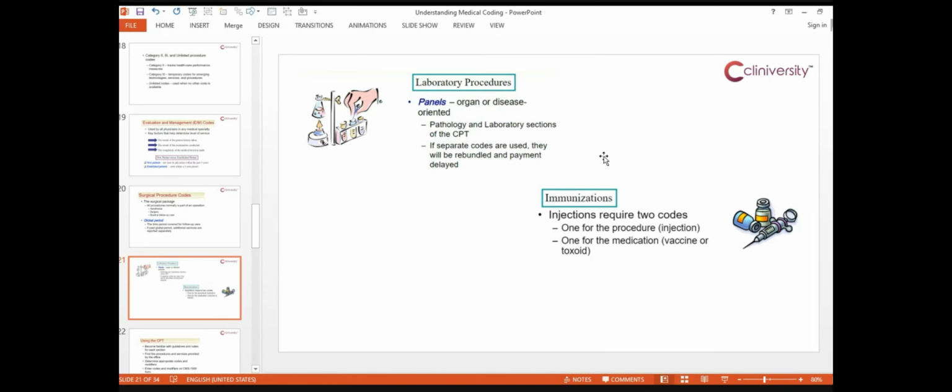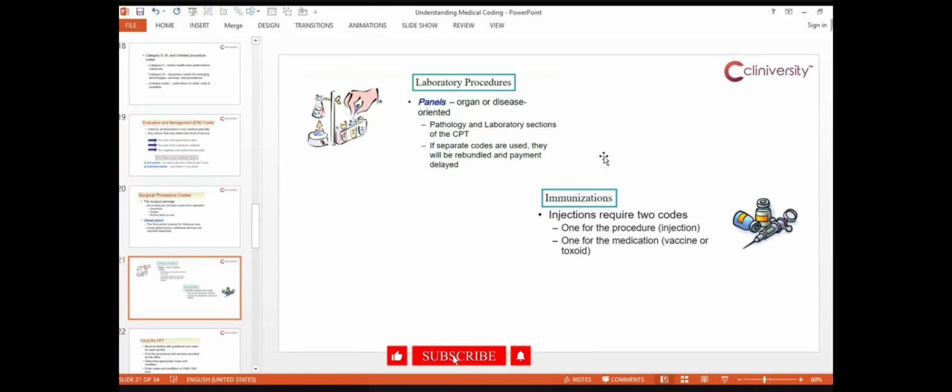Laboratory procedures like panels are organ or disease oriented. The pathology and laboratory sections of the CPT will cover all these claims. If separate codes are used, they will be rebundled and payment may be delayed. So if such laboratory procedures are performed for a medical condition or procedure performed on the patient, the code should be assigned together, not separately.